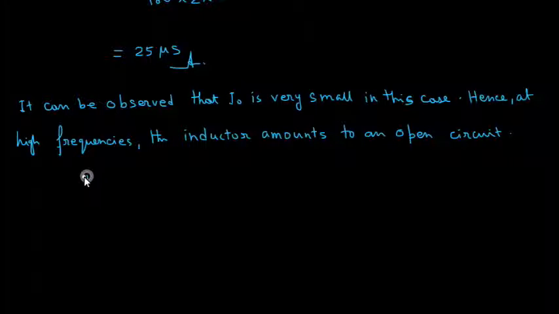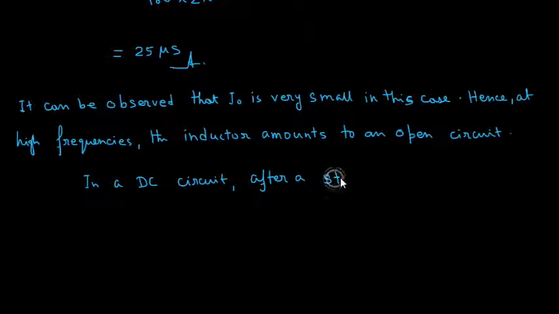In a DC circuit, DC means direct current circuit, after a steady state is achieved, omega is equal to 0.